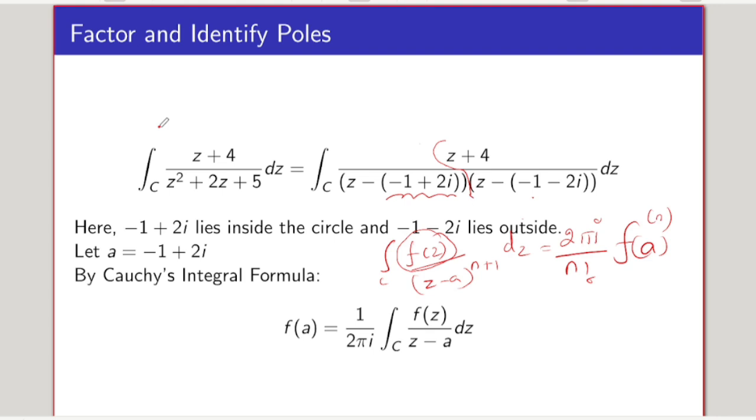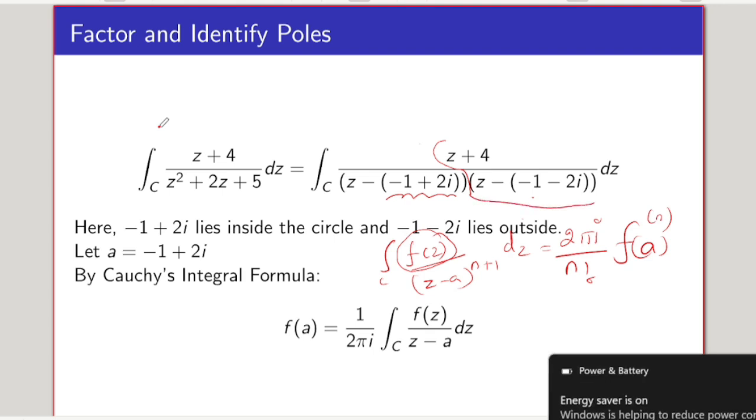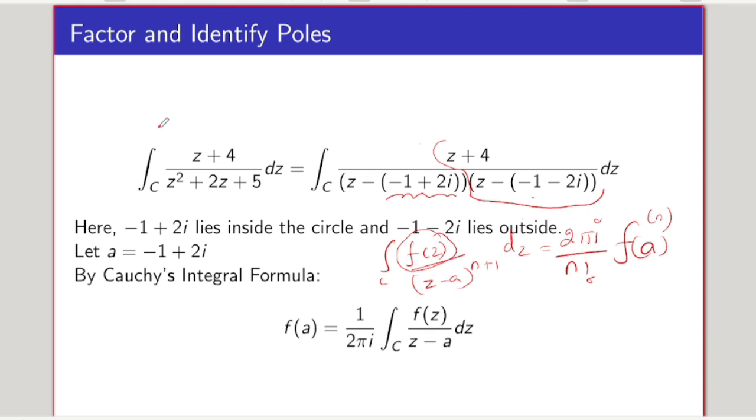The pole which lies outside the circle, we have to consider as the remaining terms. This pole lies inside the circle. This pole lies outside the circle. So I may take this as f(z).